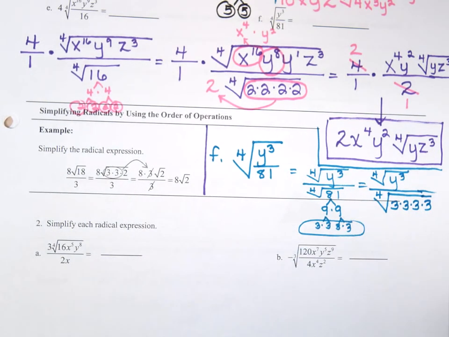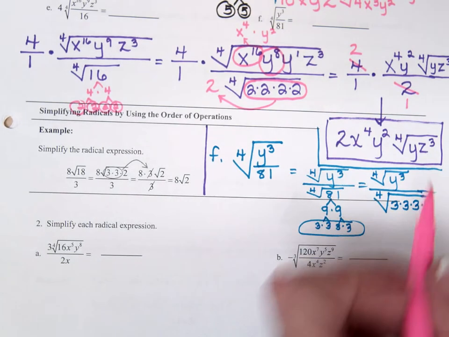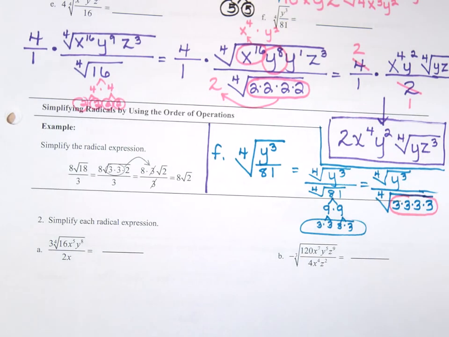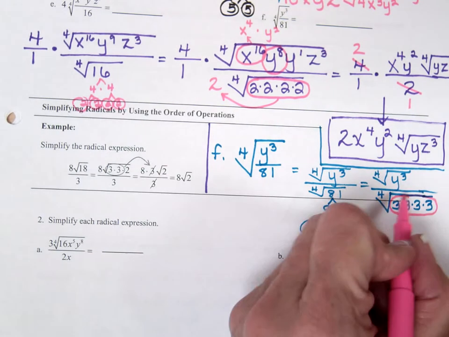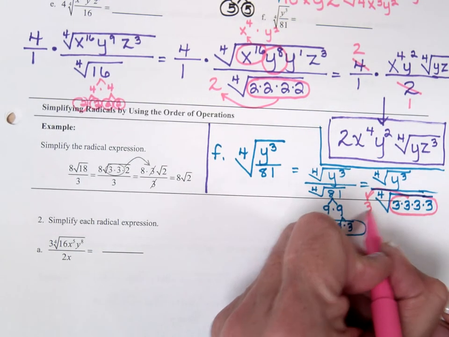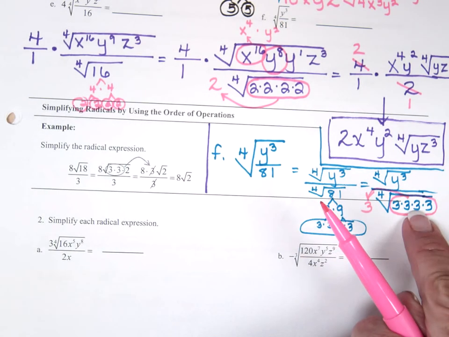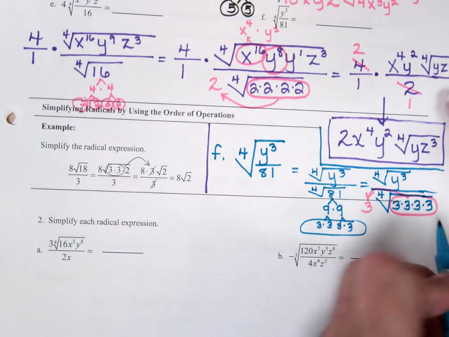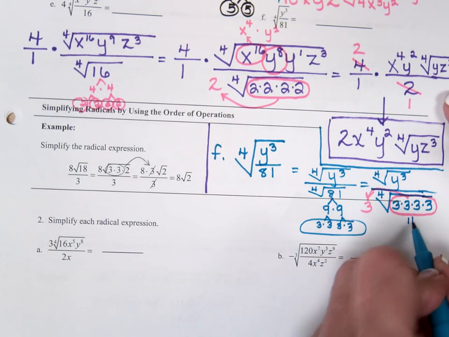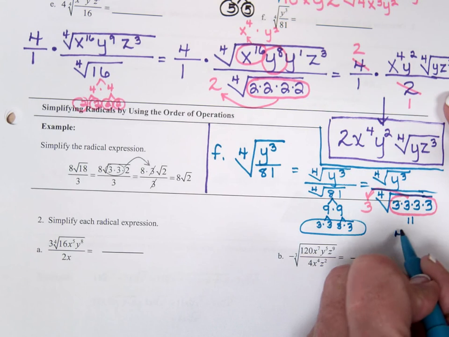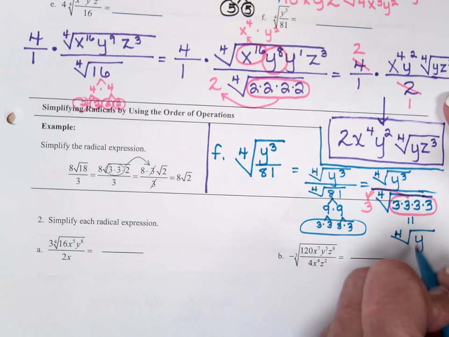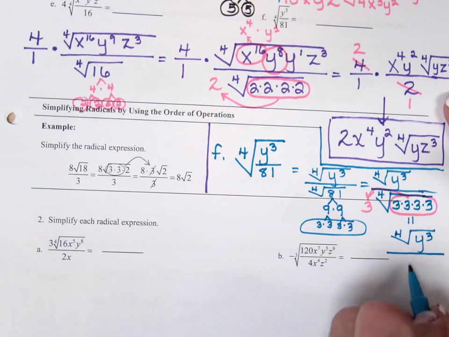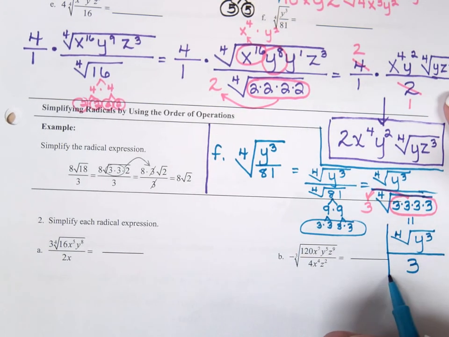And do you see how nothing's going to be left under the radical? So it'll just be a 3 out in front, nothing in the radical, because 4 of anything comes out as a single outside. So my final answer is just going to be 4th root y cubed over 3. And we are done.